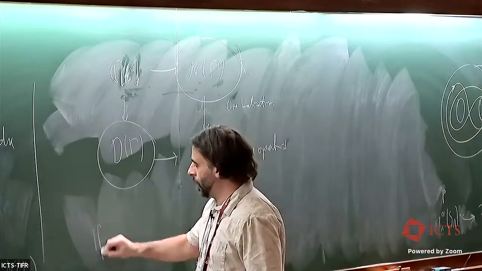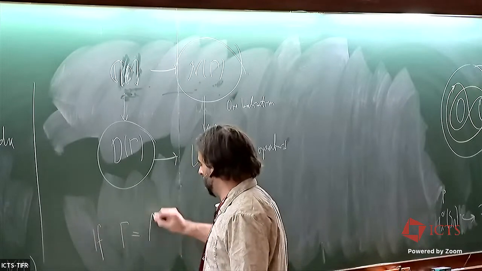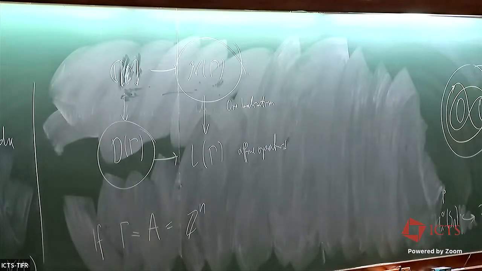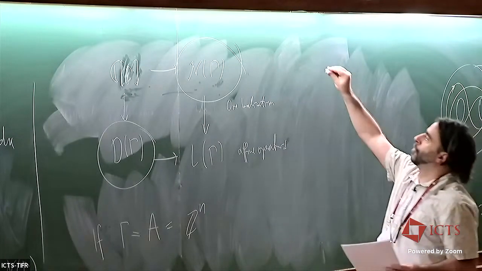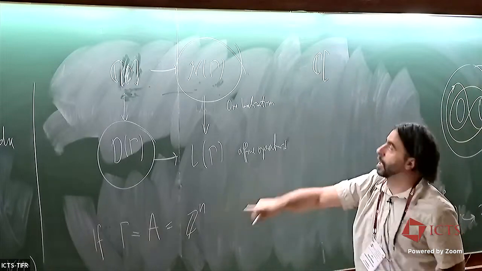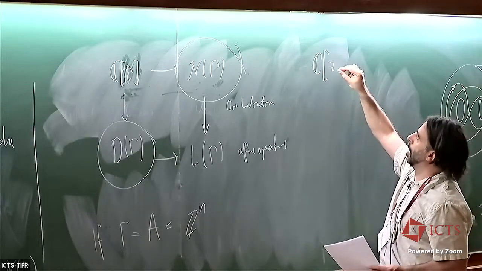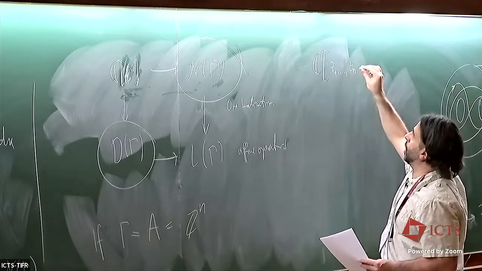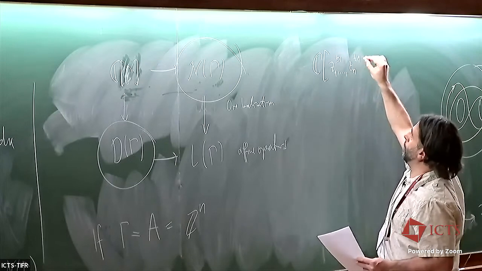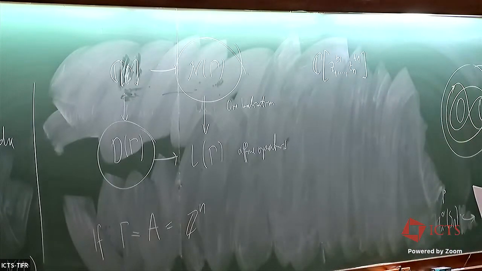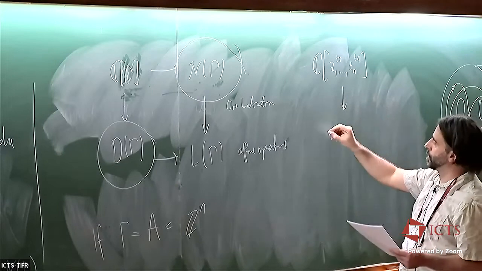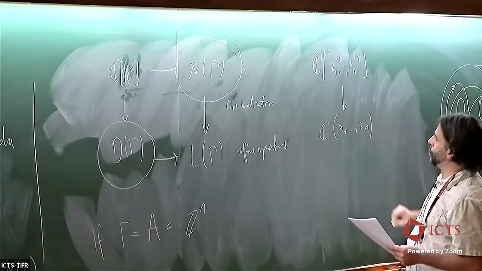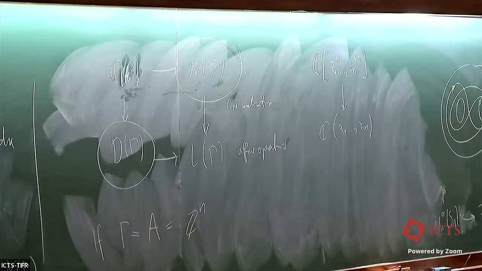So if the group is A, the free abelian group, then you get things that are more familiar. In this case, you have the ring of Laurent polynomials, and then the quotient is the field of rational functions in n variables.